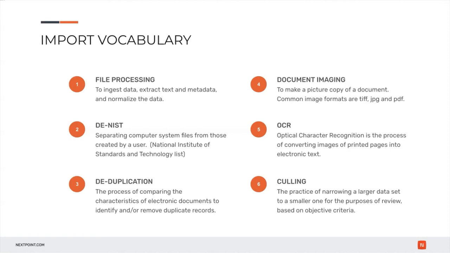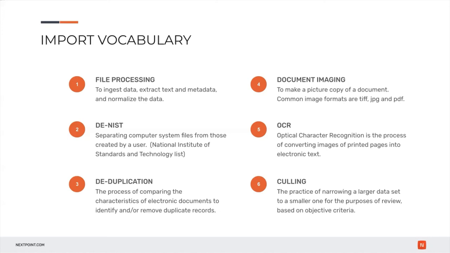It then tries to extract all of the text within the data, as well as that metadata that we spoke about, and then it normalizes the data. So we're scanning the email, we're pulling out as much information as possible, and then our software makes it look as pretty as possible so that the attorneys can just jump in and start reviewing.